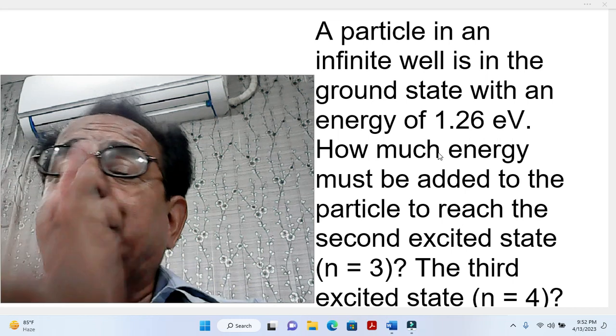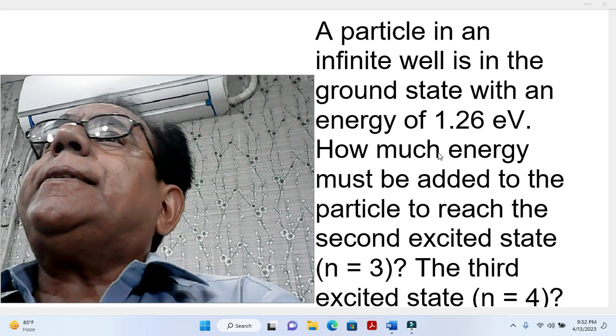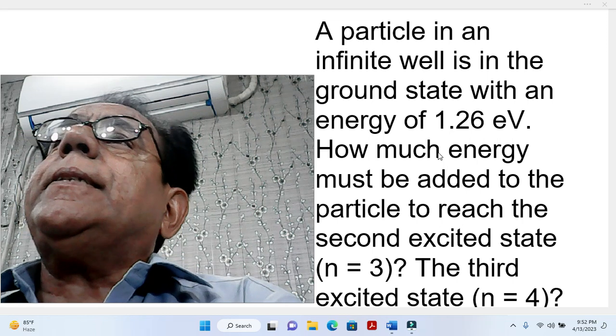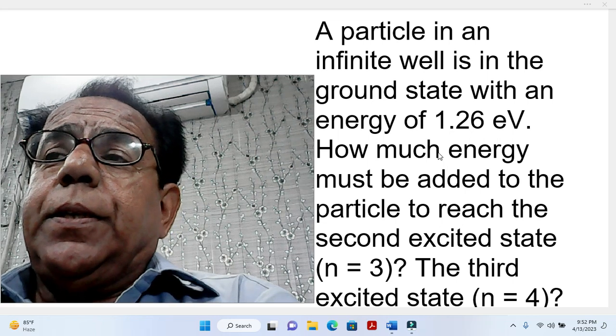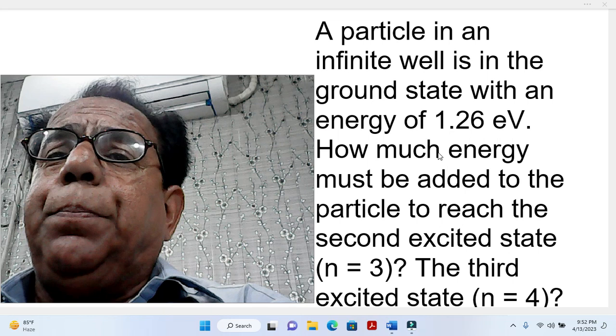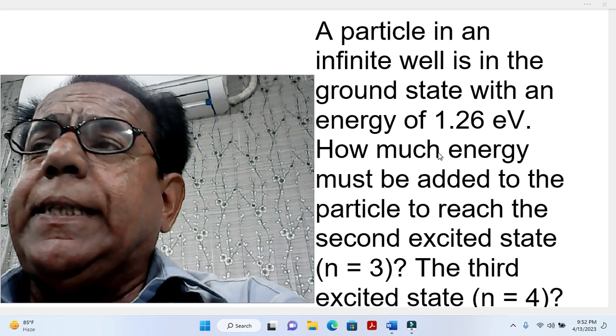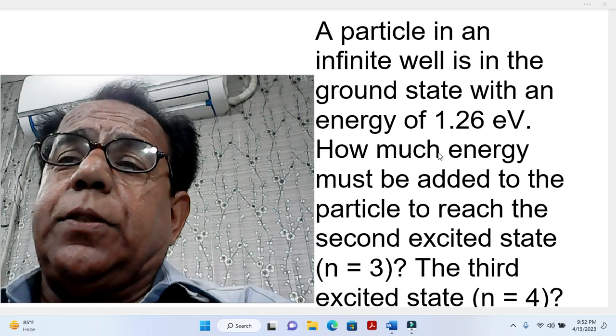Dear students, simple problem, just depending on one tool which defines energy levels of a particle in a box.